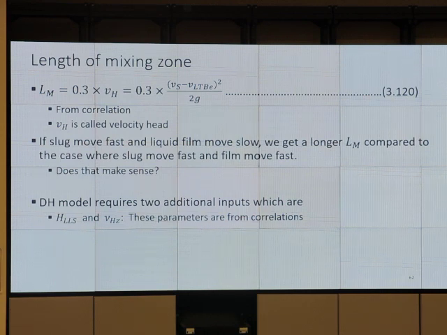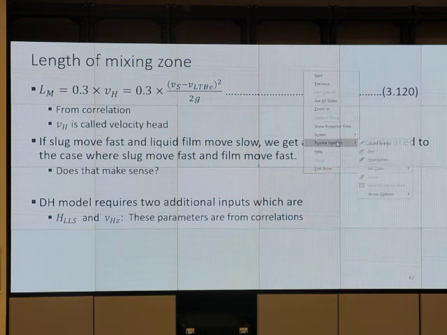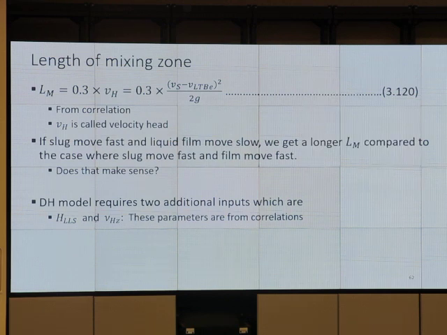Now let's wrap it up and discuss how we use the Dukler-Hubbard model to do the calculation. The Dukler-Hubbard model requires H_LLS. Do you recall what is H_LLS? Yes, what is H_LLS? Liquid slug holdup, correct. Nu, in Hertz, that is slug frequency.